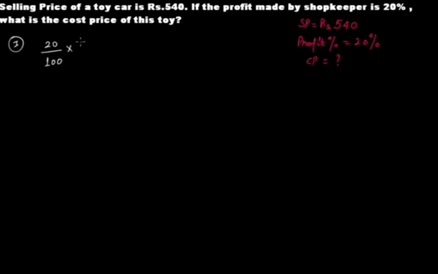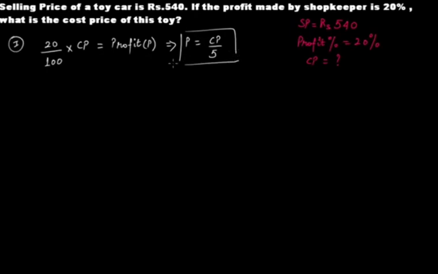If we multiply this 20% with the cost price, which we don't know so we denote it as cost price, it will give you the profit that you are making. If you denote profit by P, then you get P as 20 CP over 100, that is, profit is equal to cost price over 5.